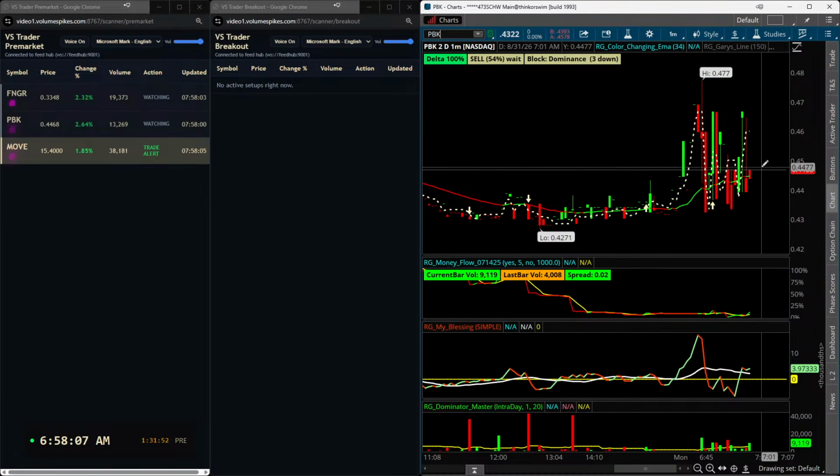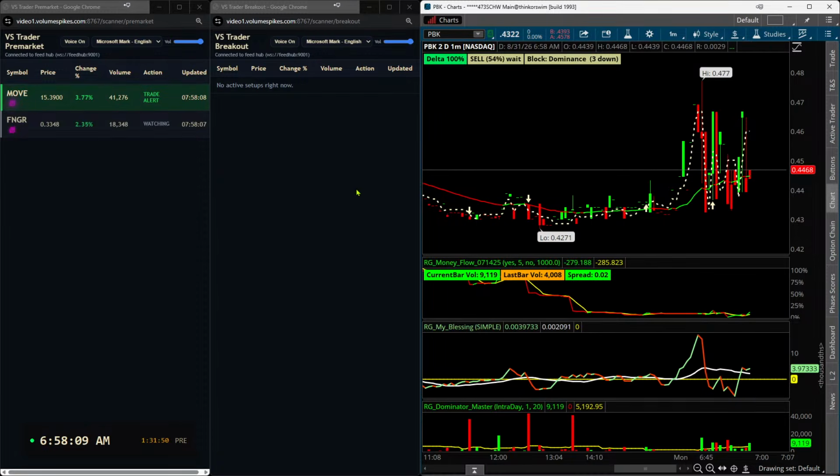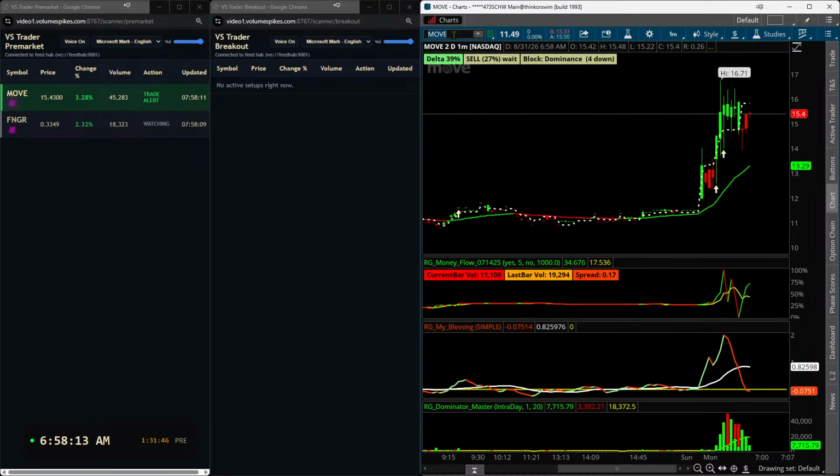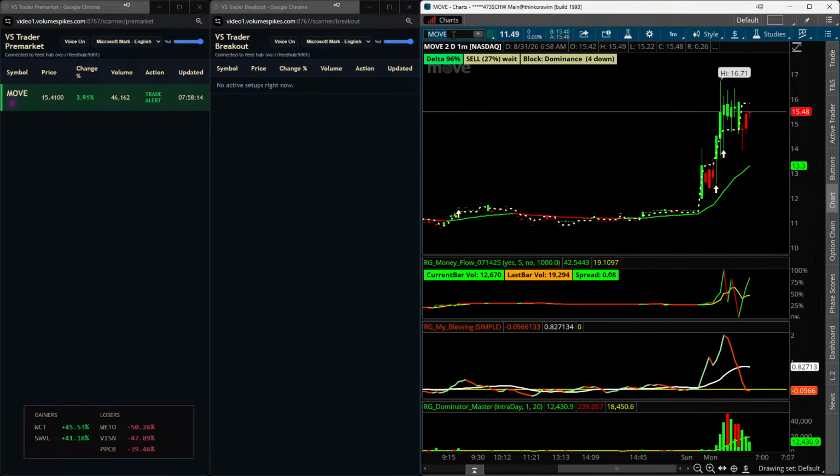Pre-market trade alert. That's how you define choppy right there. MOVE. MOVE. They still messing with that one. Still just bouncing around.